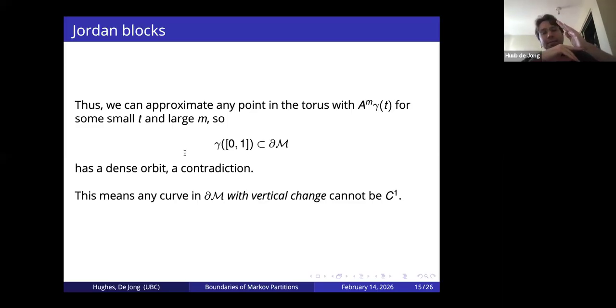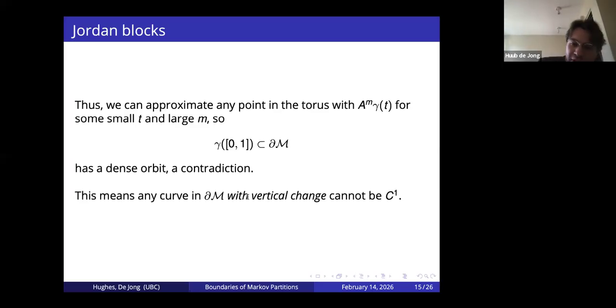Then I can keep iterating that to make the tangent vector sufficiently horizontal, which means that the curve itself also has to be sufficiently horizontal. But we assume that the curve is contained in the boundary, which we know is nowhere dense. So this is the same contradiction that we reached in the previous argument.